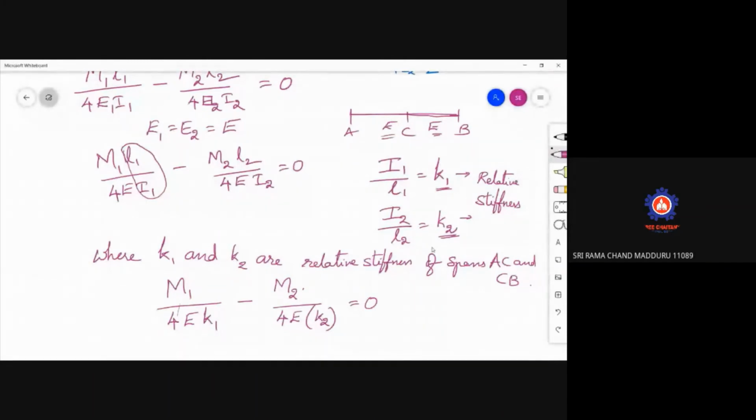So you already know 1 by 4E, I can cancel it, and this can be written as M1 by K1 is equal to M2 by K2.